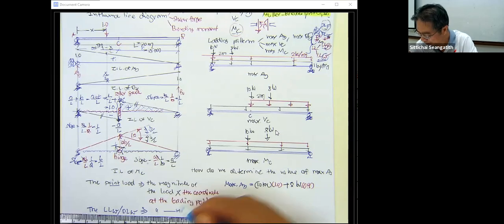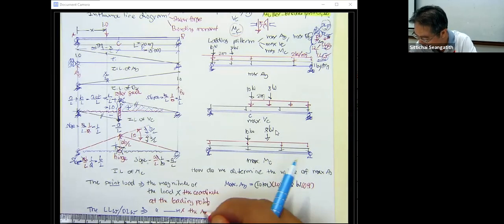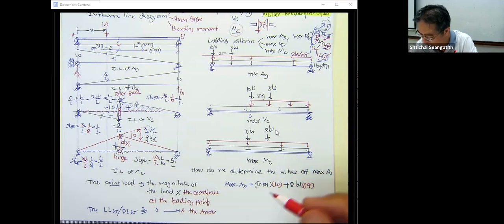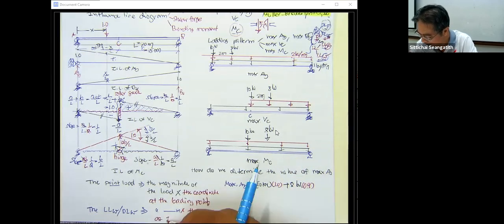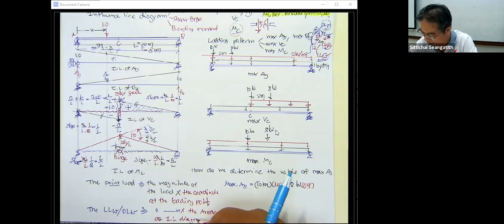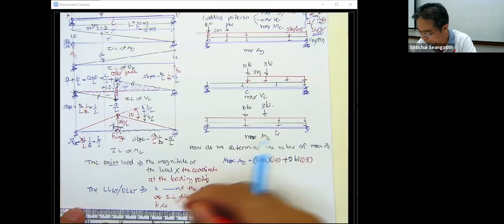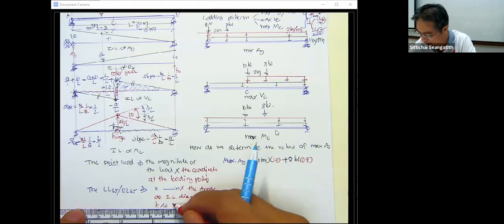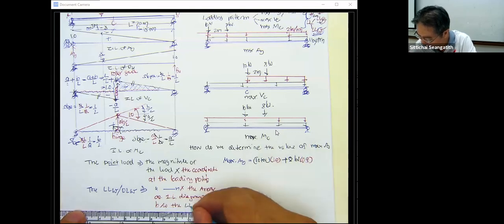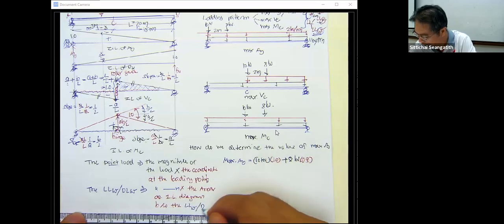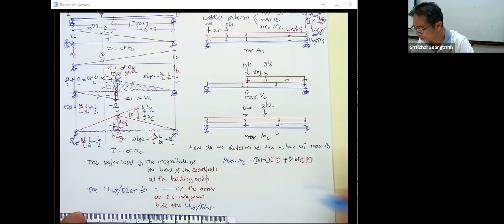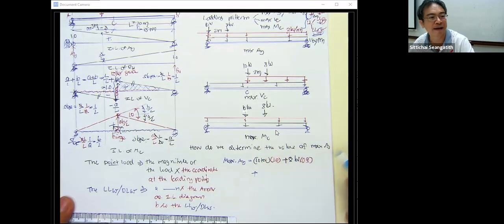And then it's going to be times the area of the influence line diagram between the live load, that's uniform load, or dead load, uniform load. What I mean is this is going to be the value of this, the same thing.